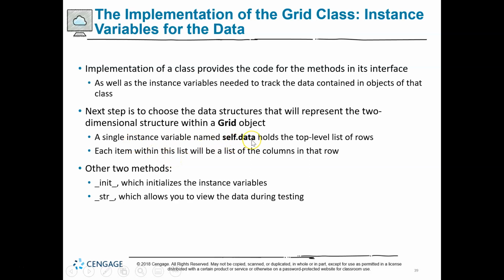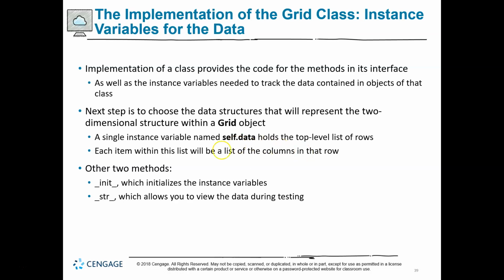There's going to be an instance variable called data, and it's going to be a list that holds the top level list of rows. It's going to be a list of rows, and each one of those is going to be a list of the columns. So it's a nested list, a list in which each item is itself a list.